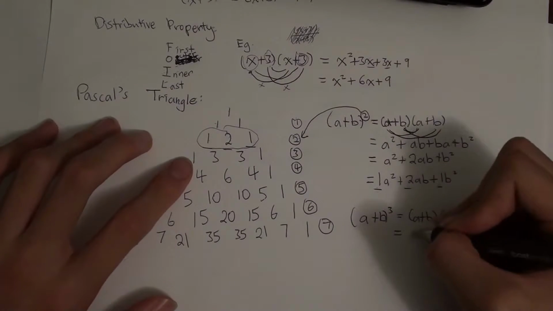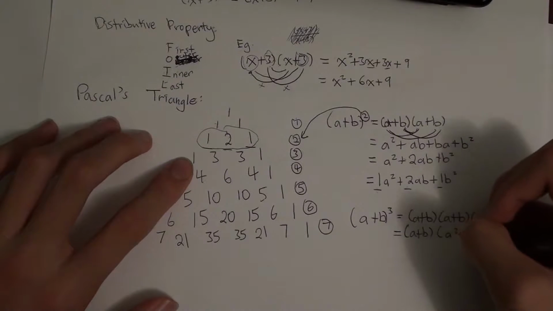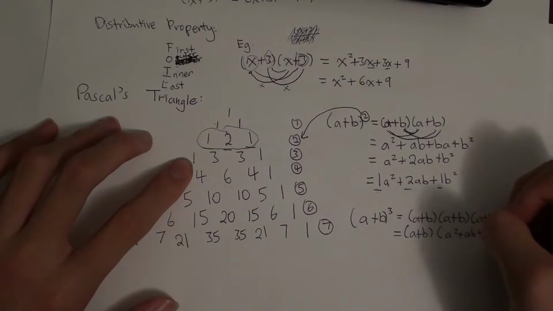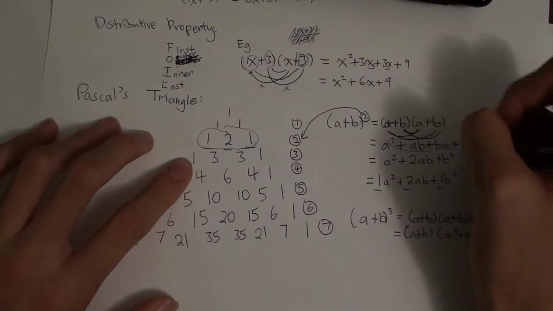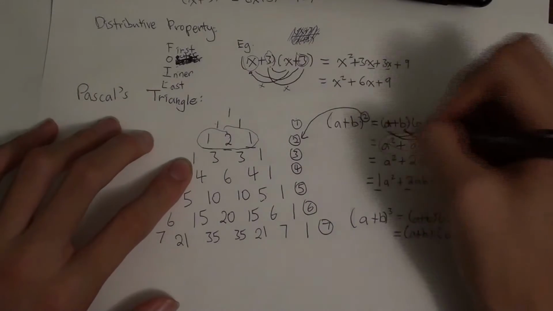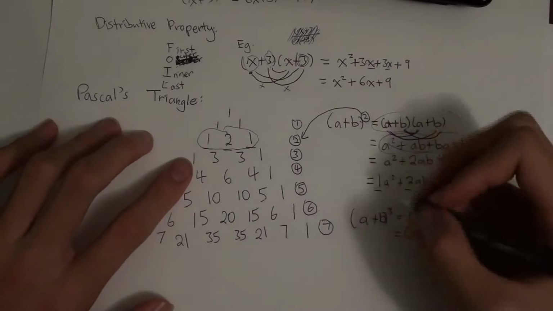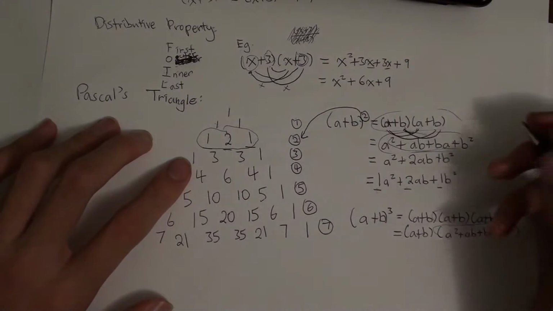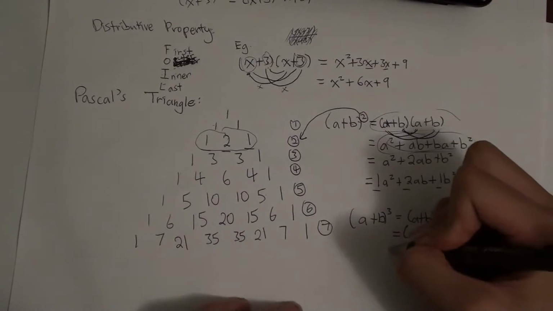You could always solve it by doing a plus b times a squared plus ab plus ba plus b squared, which is this part, and as we know, this part is equal to this part. But this method takes a lot longer. What we are going to do is use this nifty trick.